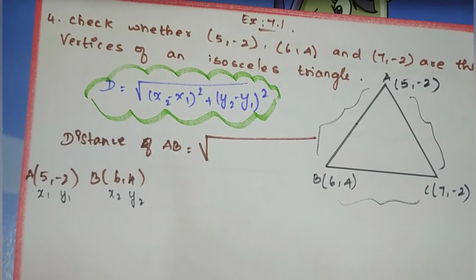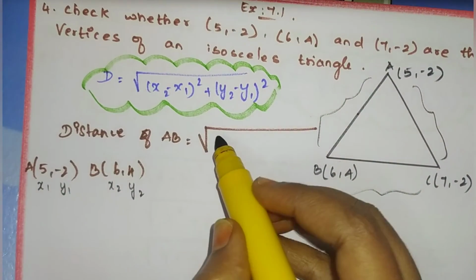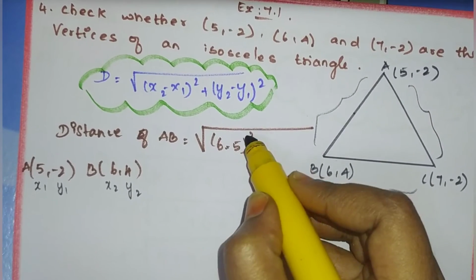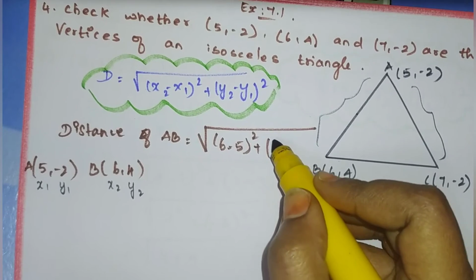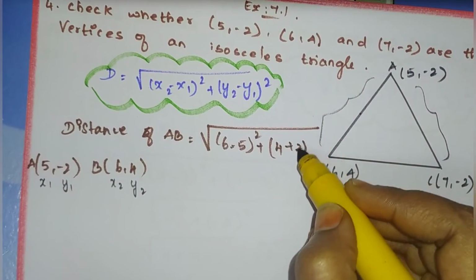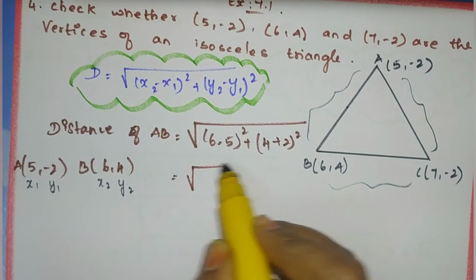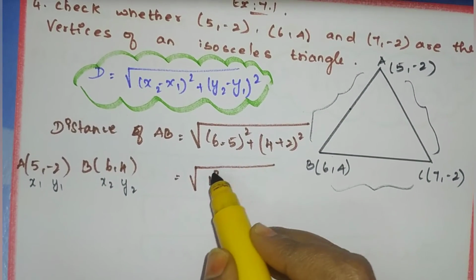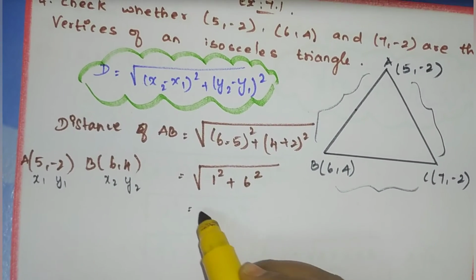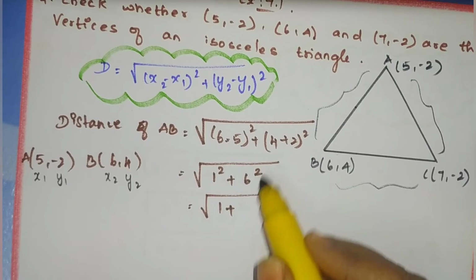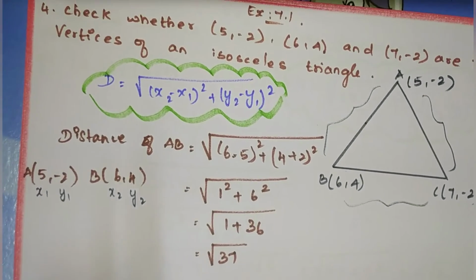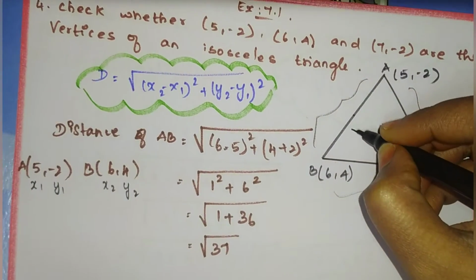Then (6 minus 5) the whole square plus (4 minus of minus, that is plus, 2) the whole square. Then 6 minus 5 is 1 square, 4 plus 2 is 6 square. So 1 plus 36, the answer is root 37.